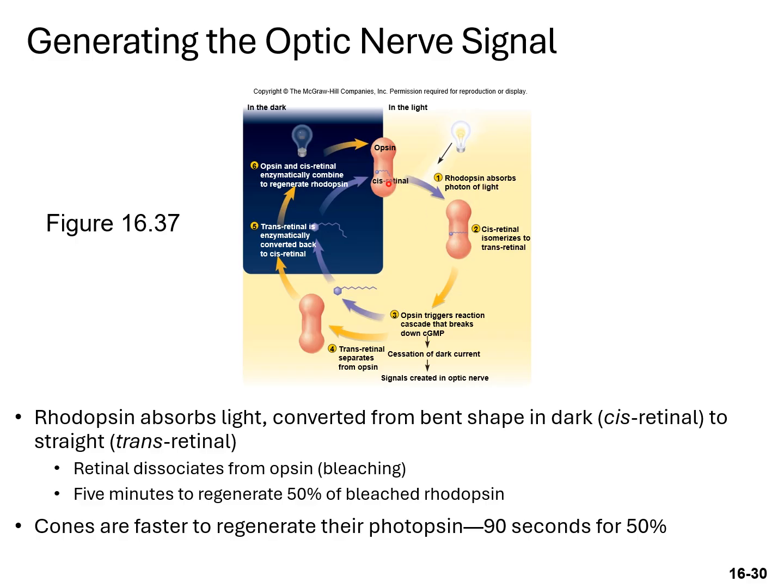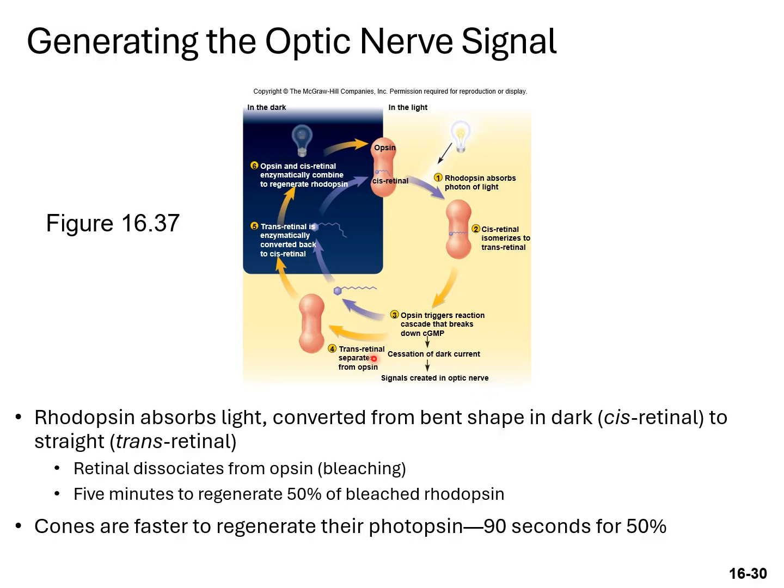This changes. It's bent, no longer bent. Because it's no longer bent, opsin triggers a reaction cascade that breaks down cyclic GMP. This stops, or cessation of, the dark current, and signals are created in the optic nerve.